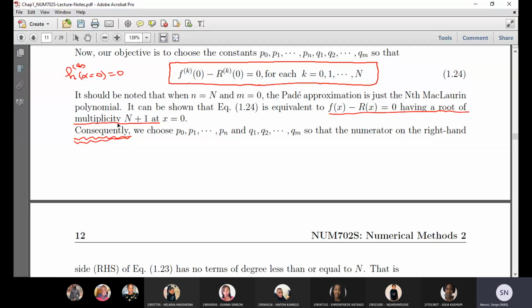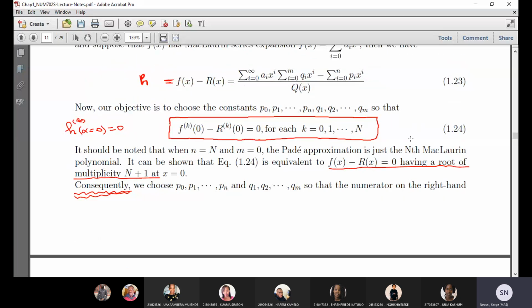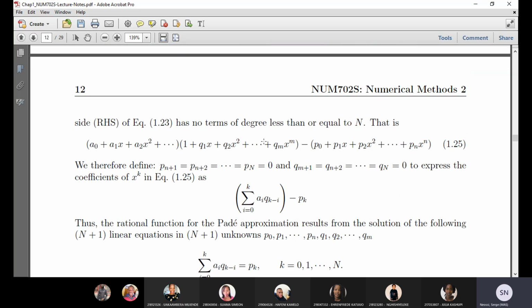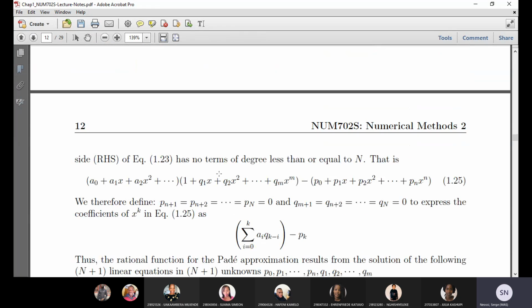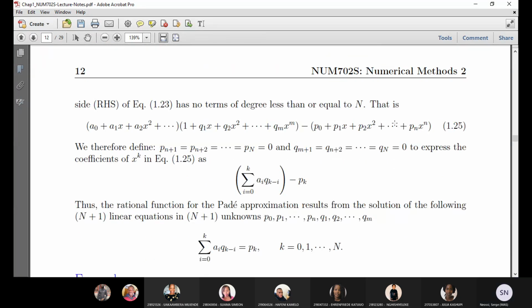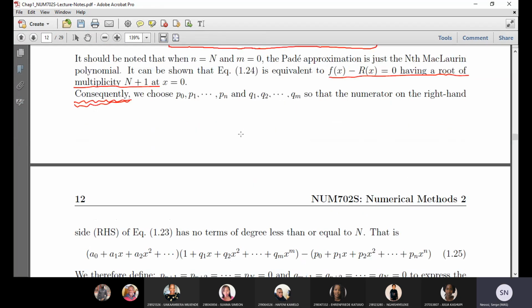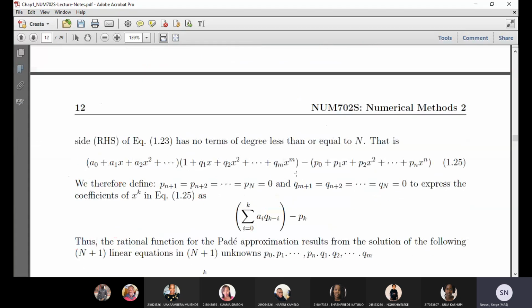Because of the multiplicity, remember that all those terms should be set to 0. So now let us expand the numerator. This is the Maclaurin expansion, if you recall. In the Maclaurin, the coefficients here are a's. Now for q, we have q, and the remaining terms are in p. So this numerator is given by this.